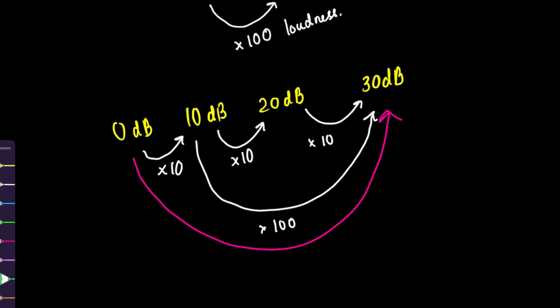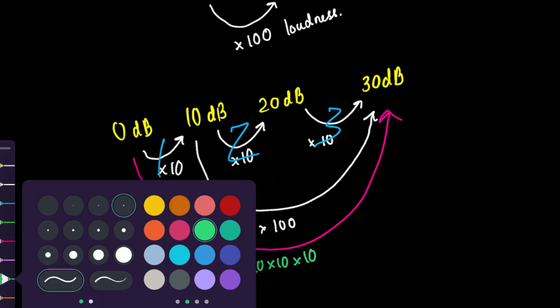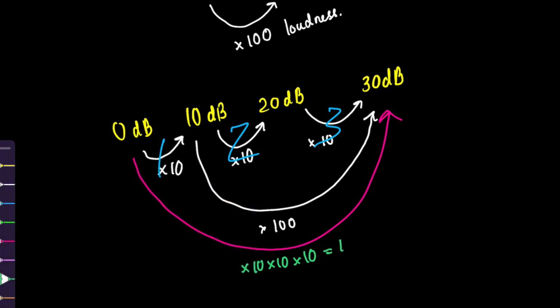From 0 to 10 to 20 to 30, it's going to be times 10 times 10 times 10, wait, I think I put too many. Yeah, it's only 3, right? 1, 2, 3. So this is 1,000 times.